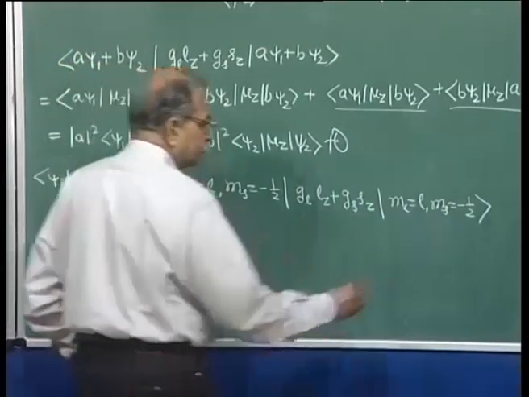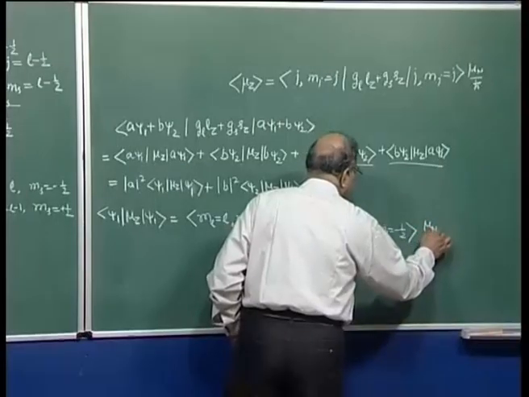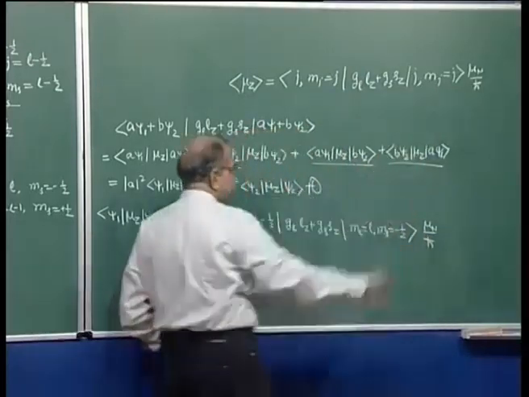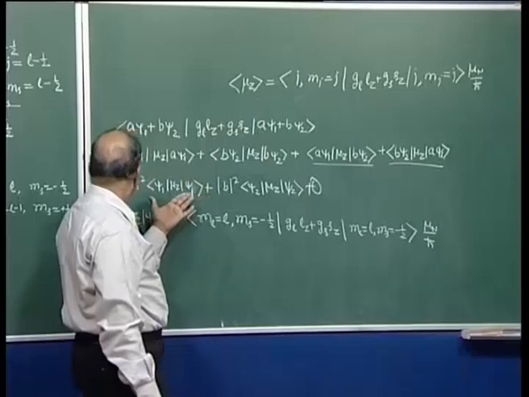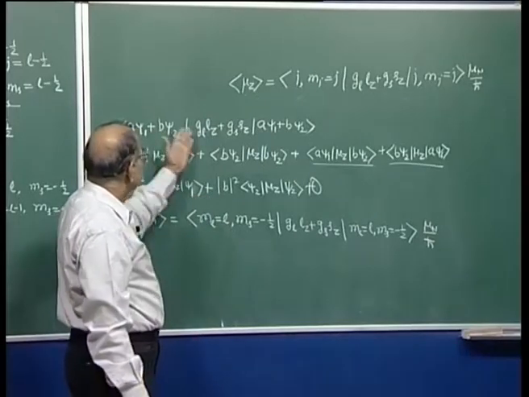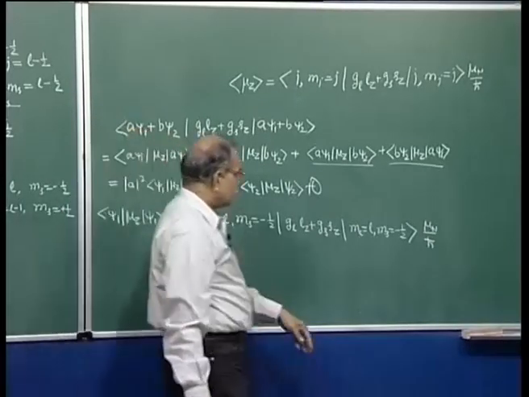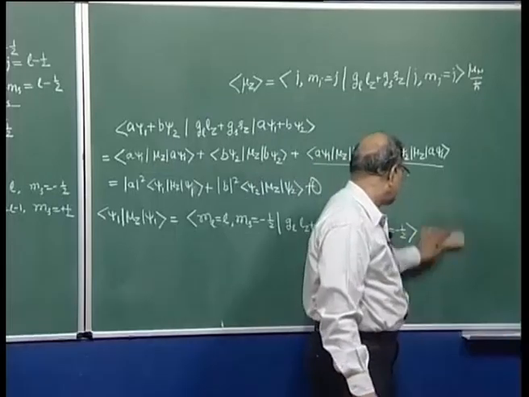That is also there, mu n by h cross, correct? Okay, this is mu z. Let us first calculate only this much. Can we do that? Mu n by h cross we will put at the end.